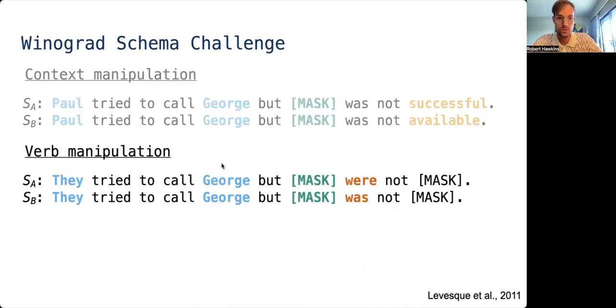Okay, so we wanted to contrast this context task, where purportedly these are constructed so that you can't make a prediction on the basis of any other literal information in the sentence. You need to use something about a world model.